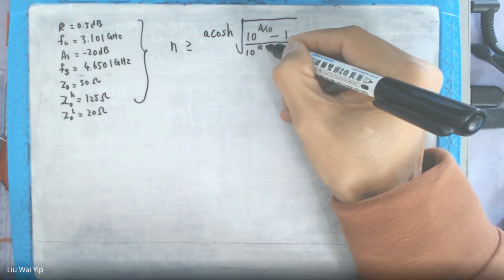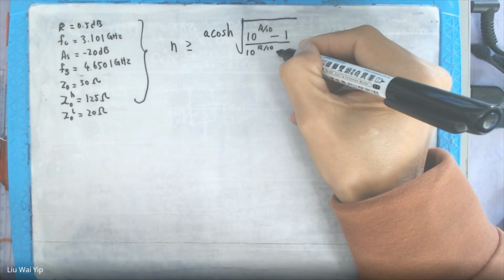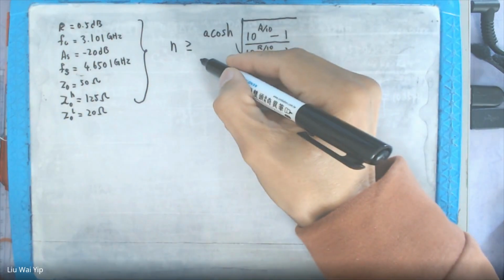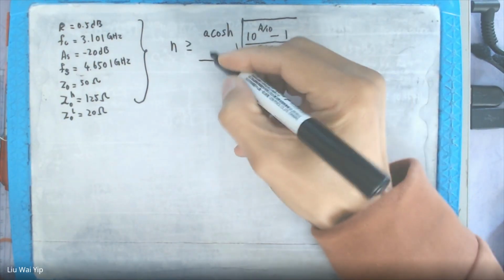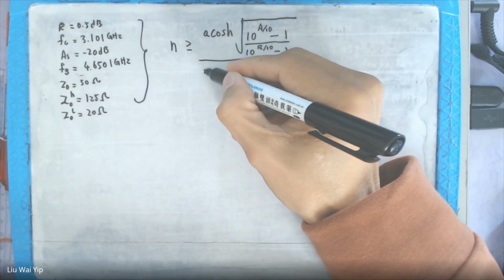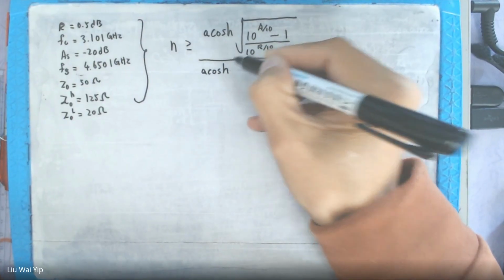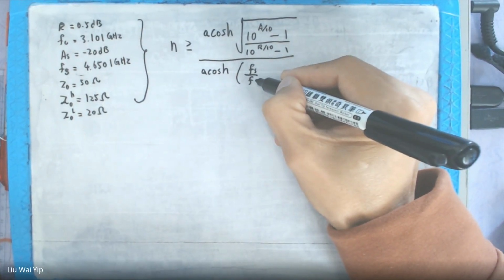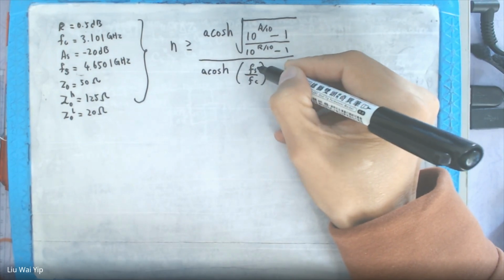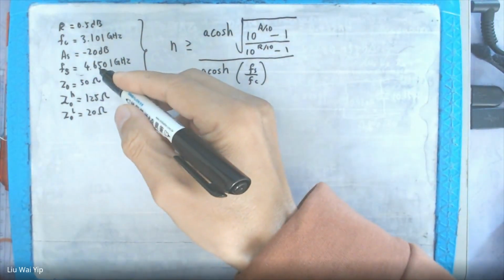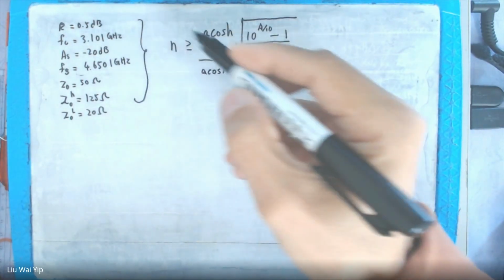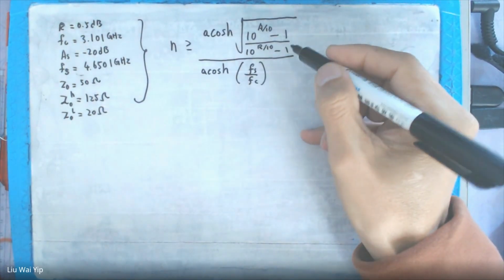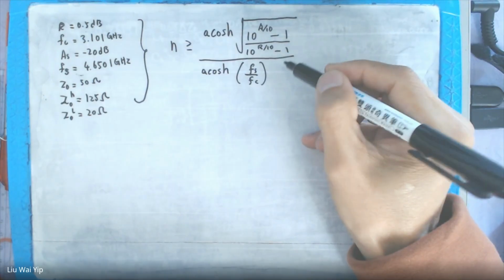A and R should be given in dB. Fs is the stop band frequency, 4.65 gigahertz, and Fc is the cutoff, the corner frequency.